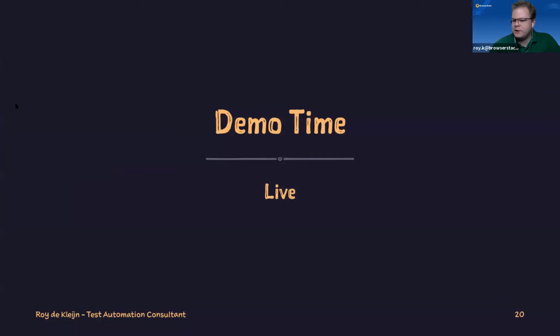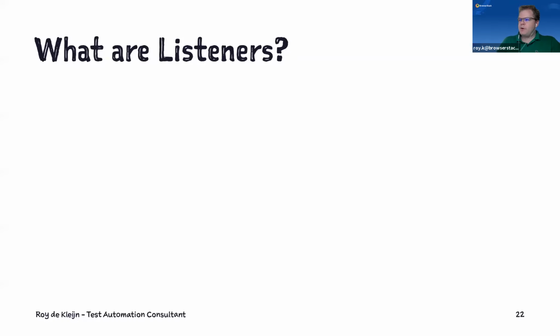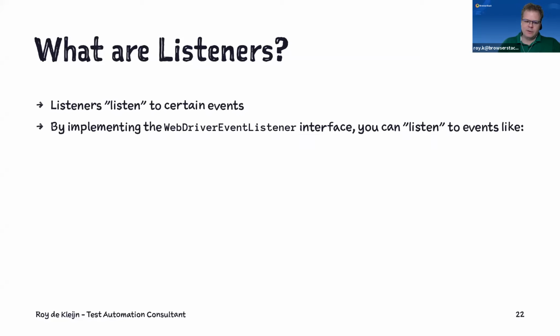So let's have a look at the next implementation. That is called a listener implementation. So in programming, a listener can listen to certain events. And WebDriver itself comes with a listener. In WebDriver, you have the WebDriver event listener. That's quite nice. And in most test frameworks, you also have listeners.